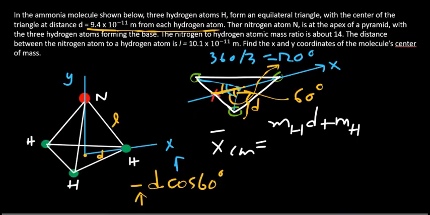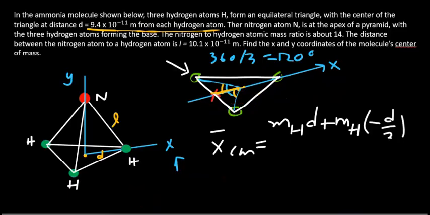And the x-coordinate is negative, as we have explained a few minutes ago, because that point is on the left-hand side of the origin. So there we go: mH times minus d cosine 60. Cosine 60 is half, so divide by 2.